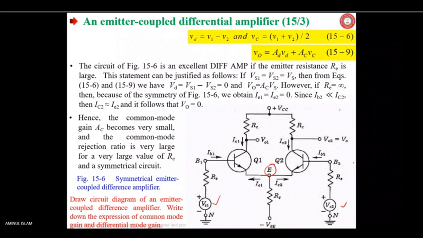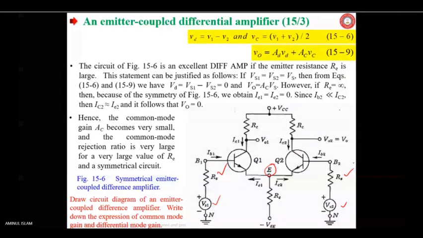So these source voltages have source resistances, RS, as usual. And the difference of this has to be amplified. For that, this is a difference amplifier or differential amplifier, whatever you want to say.